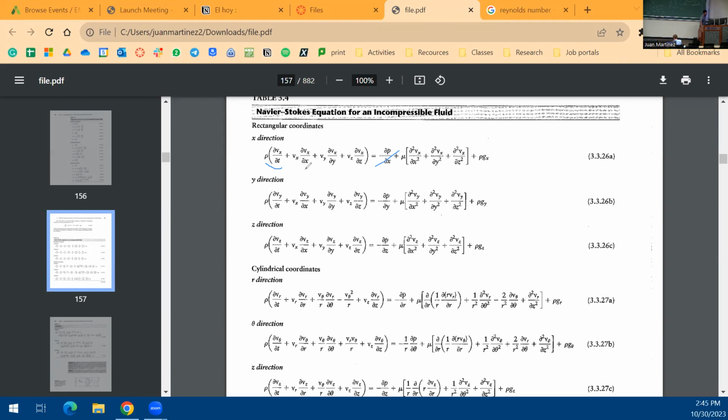Then you say my flow is going in the x direction, but it's not changing with respect to x. You keep canceling terms until you end up with an expression that resembles your set of assumptions. That's Navier-Stokes. Can you see it? Okay, cool.